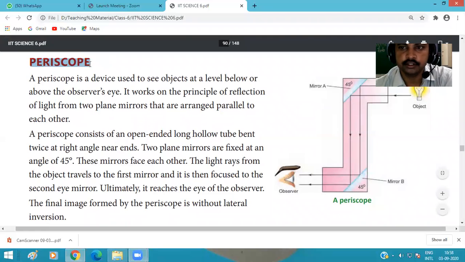We already discussed in the last topic of this chapter, mirror, where a mirror is used to see objects. What is a periscope?